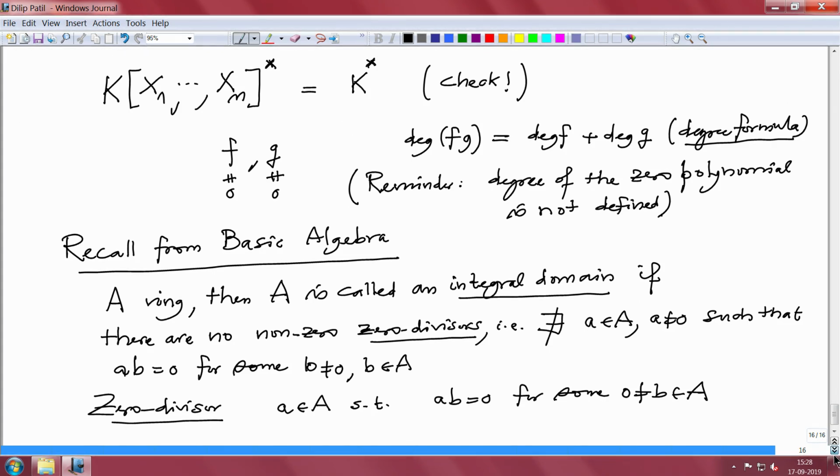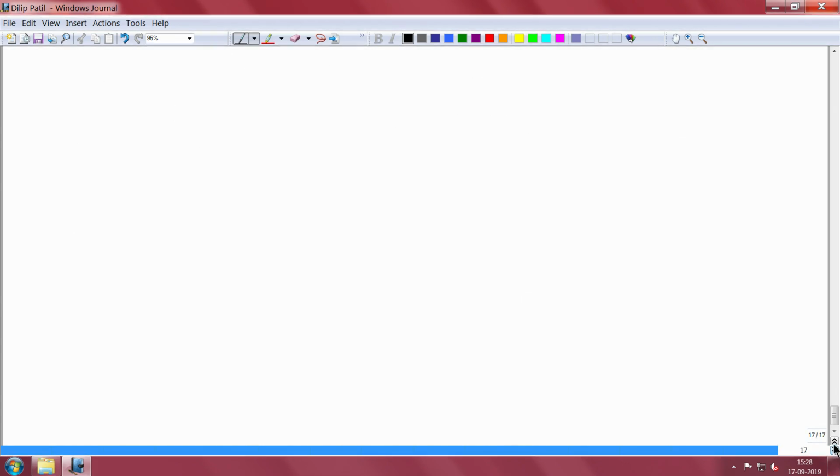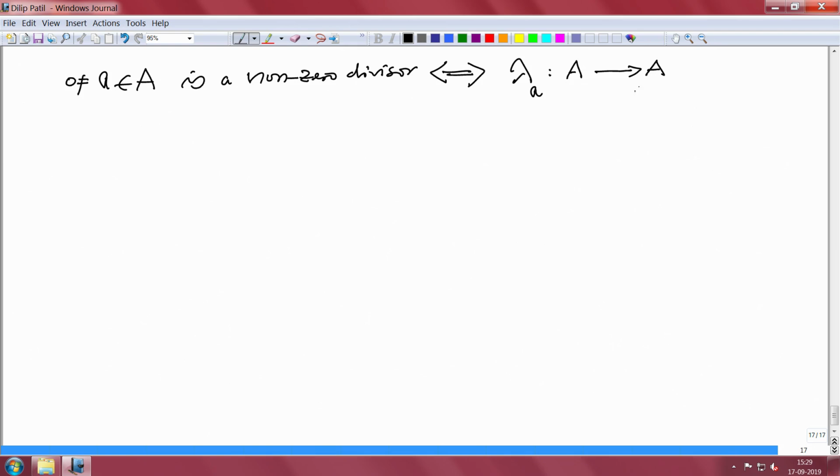Equivalently, an element a in A is a non-zero divisor if and only if the multiplication by a, which is a map from A to A sending any b to a times b, is injective.